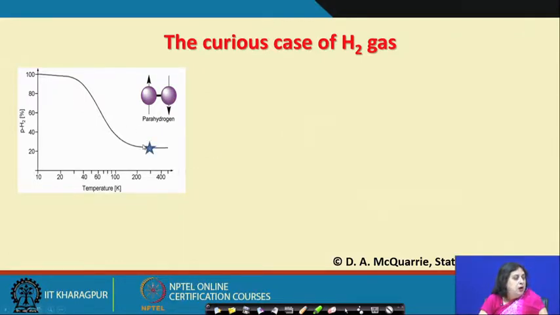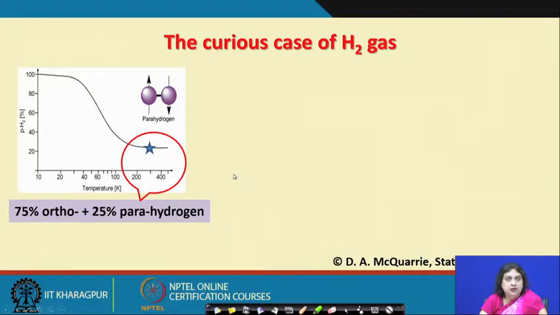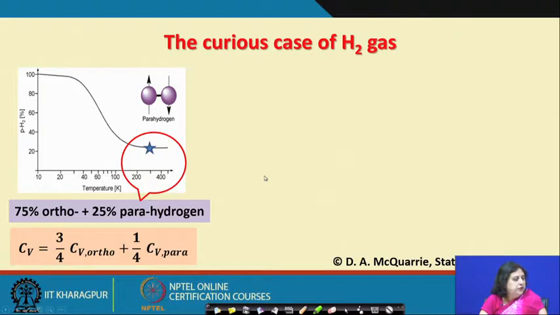Now, if it so happens that you can think of, well, this is the composition at room temperature, where I have 75% ortho and 25% para-hydrogen. Now, for this mixture, let me say that if I calculate the corresponding rotational contribution to CV, what will happen?